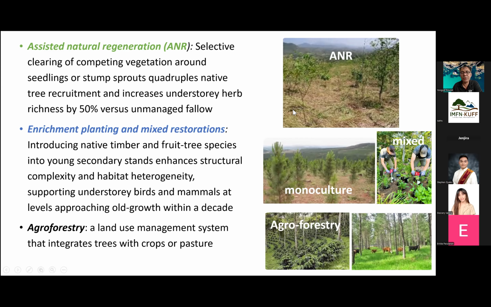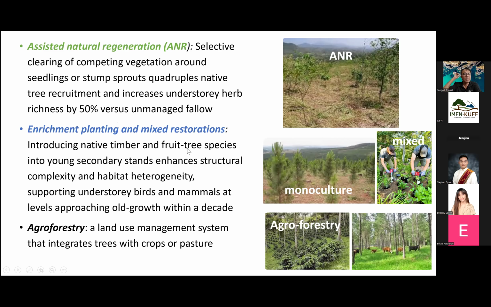So for this native tree, either the one that we bring from the nursery or from the stump, the spot, or from the coppice, if we don't do any weeding or removal of weeds, the growth will be slow and the competition very high. So finally, the survival rate may be low.